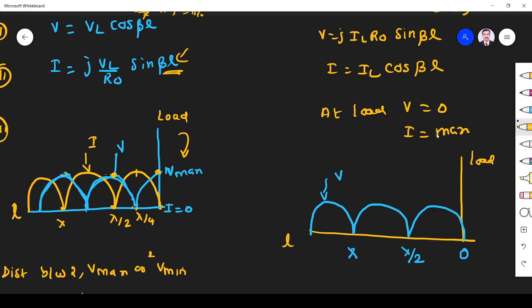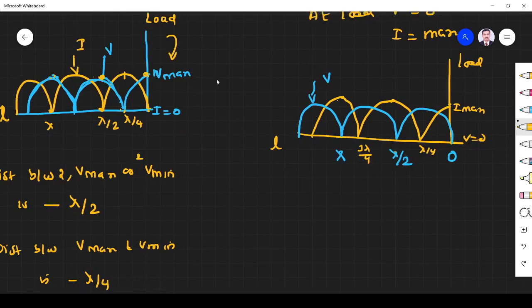Similarly, at the load the current is maximum, and after lambda by 4 it will reach zero. It goes like this. Again, you see maximum, maximum at lambda by 2 distance. Minimum, maximum at lambda by 4. This is 3 lambda by 4. Okay, this is the way we have to know.